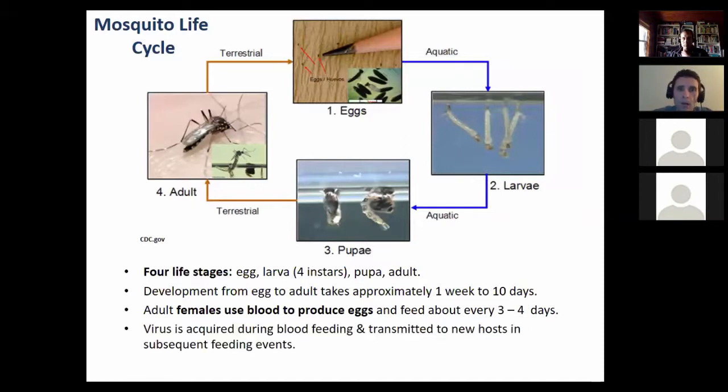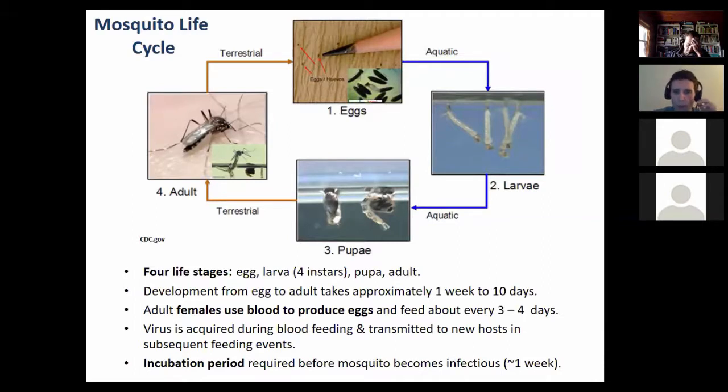Virus is acquired during blood feeding and then transmitted to new hosts in subsequent feeding events. But note that there's an incubation period required before a mosquito becomes infectious. I think a lot of people have this misconception that mosquitoes just sort of move viruses around like a dirty needle, but the virus actually has to infect the lining of the mosquito's stomach, what we call the midgut, and it has to replicate.